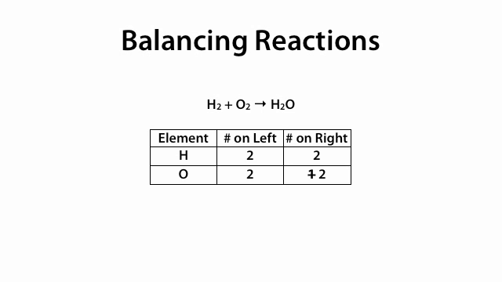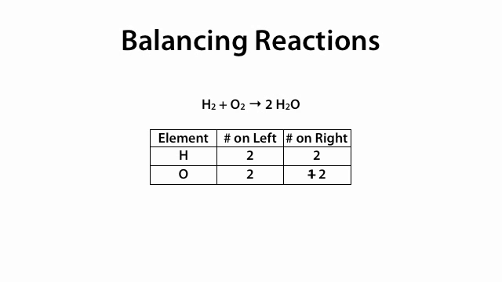Let's clear it up. If we want to have 2 oxygens on the right side, we're going to put a 2 in front of the H2O. Now we have 2 oxygens on the right side and 2 oxygens on the left side.